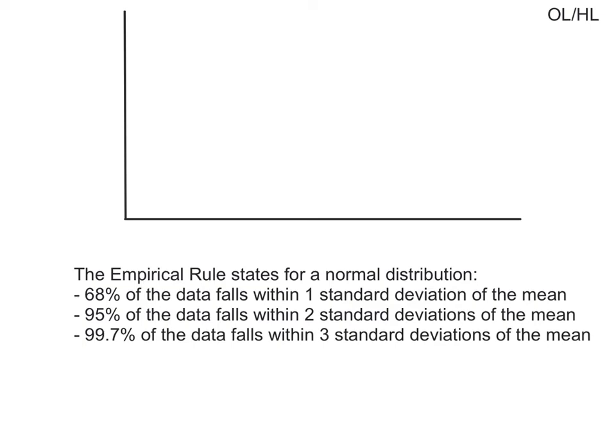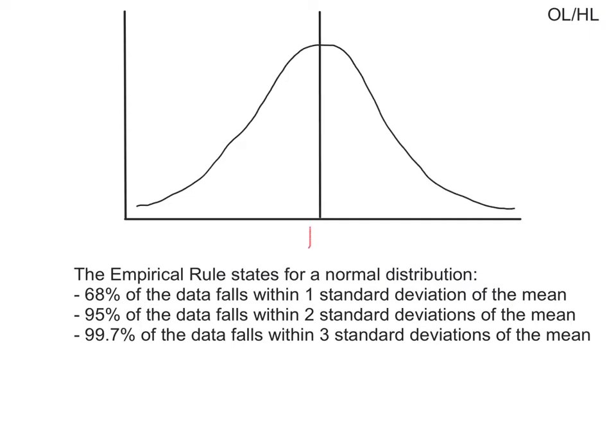Now to draw my normal distribution. The line of symmetry is at the mean, and this is represented by the Greek symbol mu. The first part of our empirical rule states that 68% of the data falls within plus or minus one standard deviation.